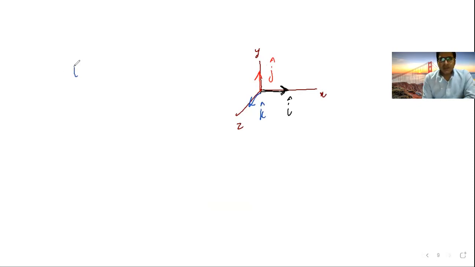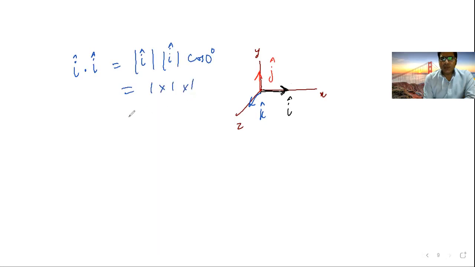Now what is I dot I? If I find dot product of I cap with I cap, it is by definition magnitude of I into magnitude of I. The angle between I and I, they are similarly directed vectors, 0, cos 0 degree, which is 1. So magnitude of I is 1. 1 into 1 into 1 is 1. So I dot I is 1.